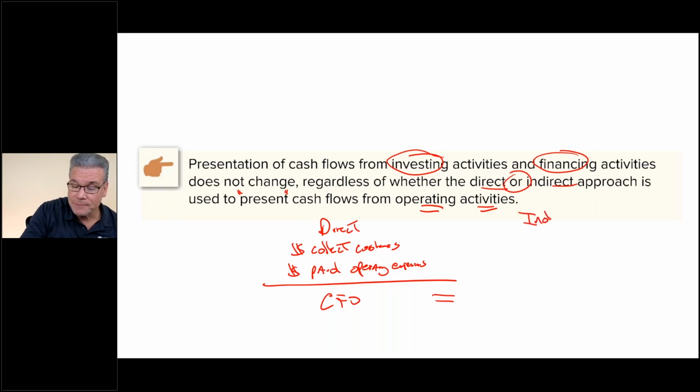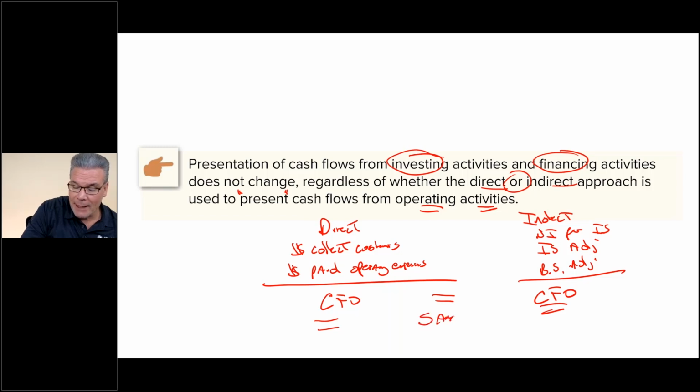Indirect method starts with your net income per your income statement, then we make income statement adjustments, balance sheet adjustments. Same result, just a different format.